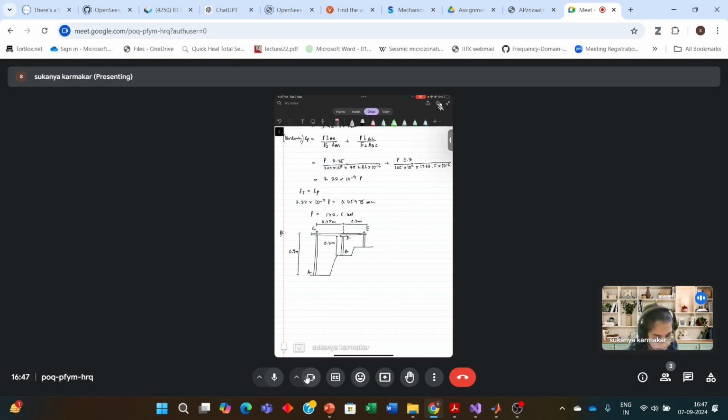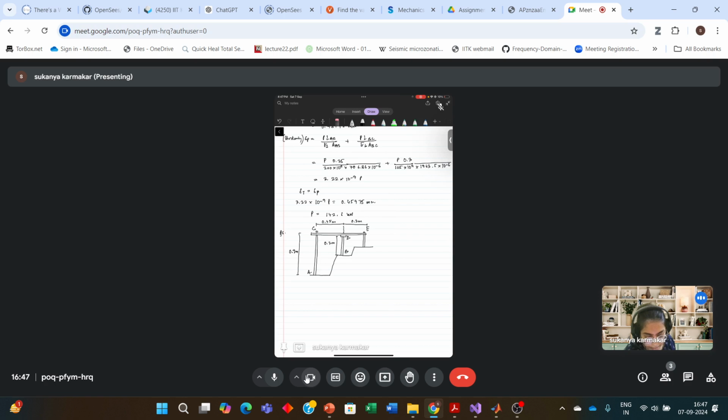The question reads that there is a rigid bar CDE. It is attached to a pin support at E and it rests on a 30 mm brass cylinder BD as shown in this figure.